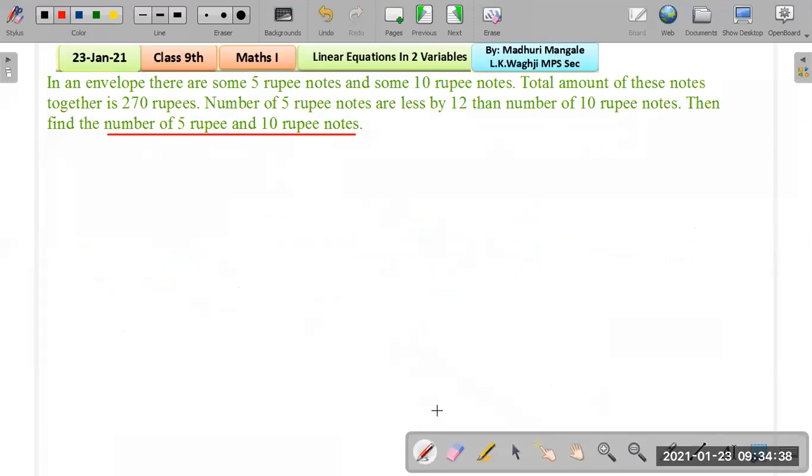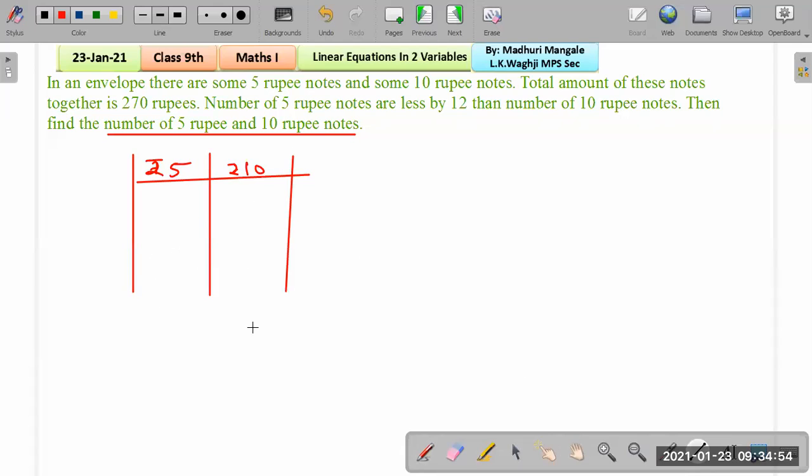For money type of problems, you can always set up a small table. So there is this 5 rupee note and there is this 10 rupee note. And the table will somewhat look like this. And you need to set up the variables for them, right? So let the number of notes, because we are asked to find the number of notes, be x and y.